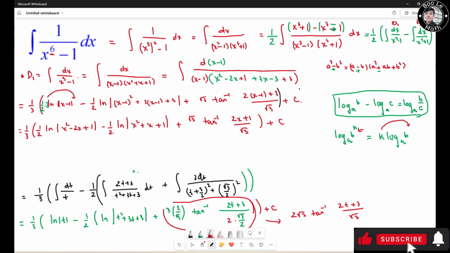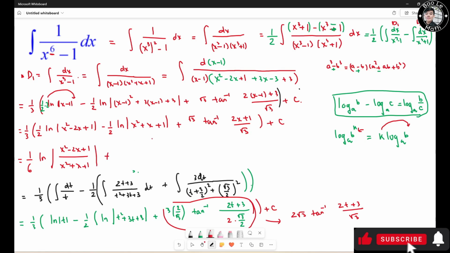Now I factor 1/2 out, and I multiply by 1/3, so it's going to be 1 over 6. And then this one right here, I use the formula right here. So it turns out to be natural log of absolute value of s squared minus 2s plus 1 over s squared plus s plus 1.